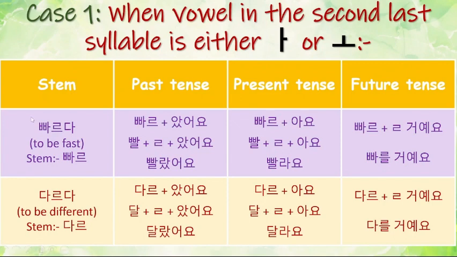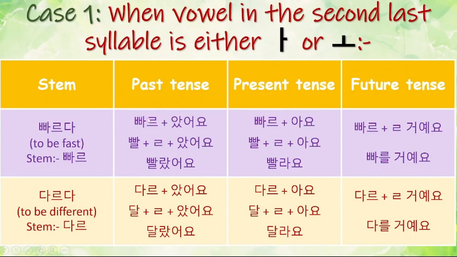Okay, first one is paruda, which means to be fast. You can notice that the stem ends in li, so irregular will be applied. Now first we have to check the vowel present in the second last syllable, and that is a. So the ending that will be attached will start with the vowel a.